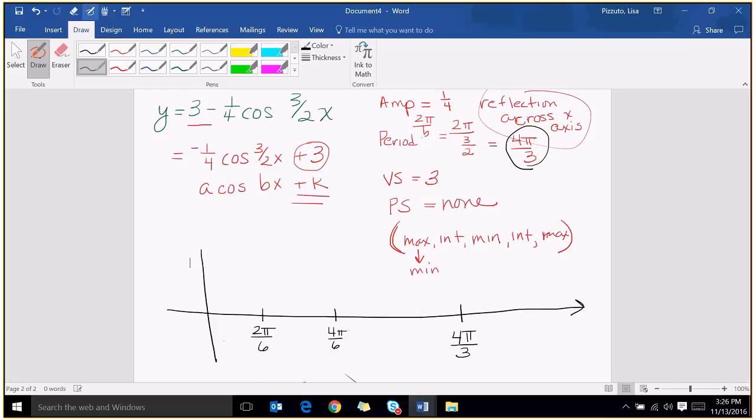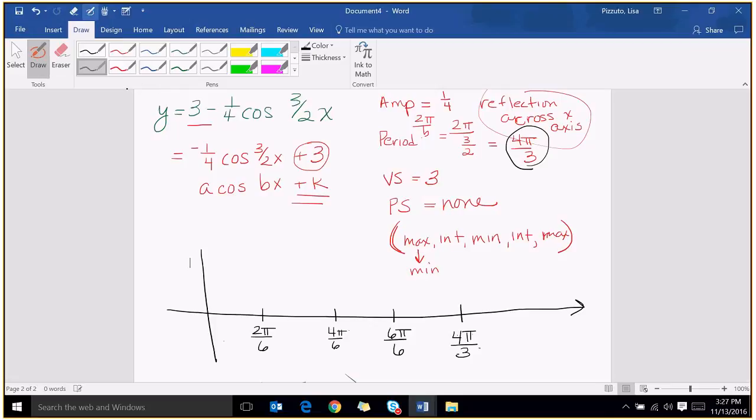See how this is 2 over 6? You've got to go up by the same increments. So 2 over 6, 4 over 6, and then 6 over 6. And then this is really 8 over 6. So do you see how I got all those?